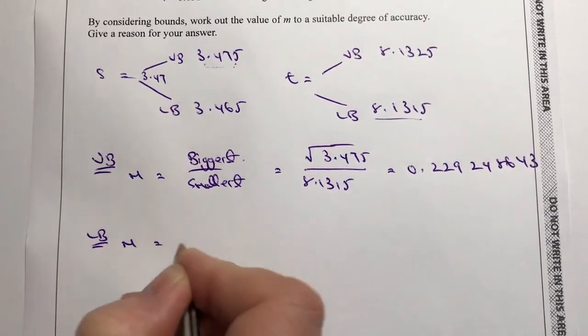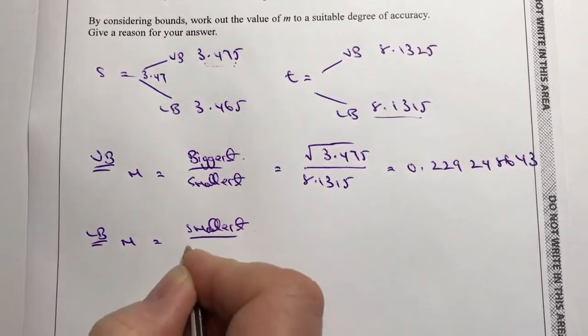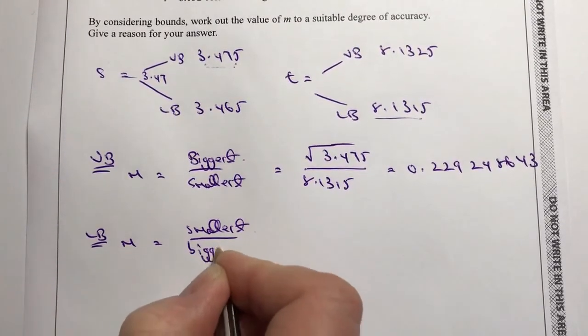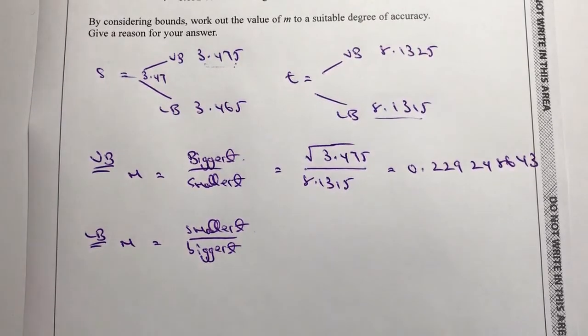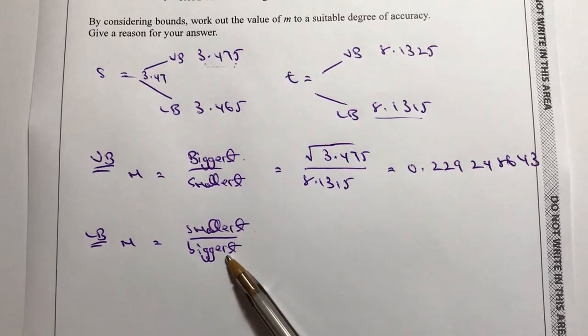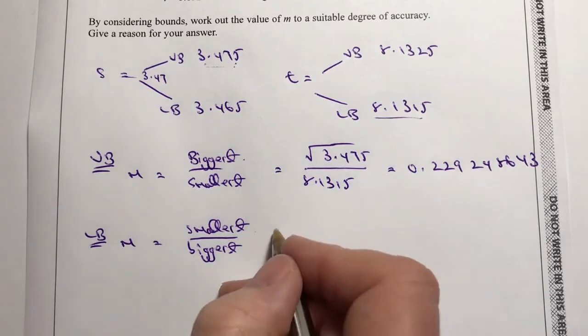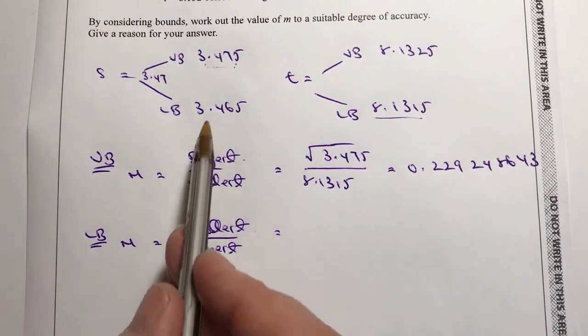I've got to do the same exercise with the lower bound, but this time, the lower bound of m is going to be the smallest number divided by the biggest number. So it's going to give us the smallest value. If I divide a very small number by a very large number, there's going to be a lot less of them. So again, by considering bounds, here we are.